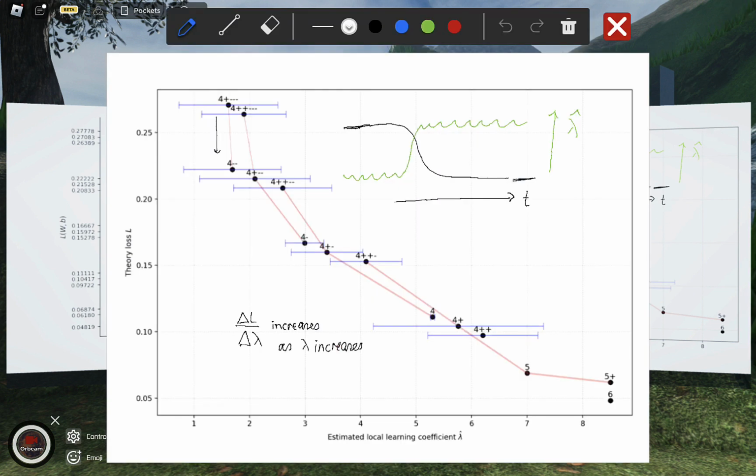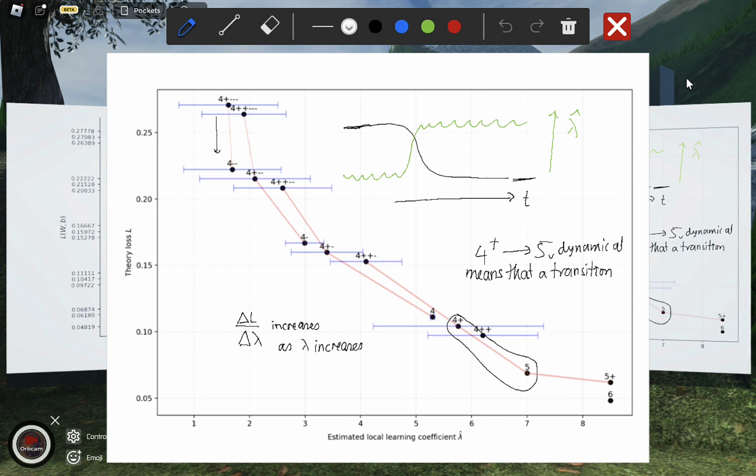I think I might have missed what the red lines are. Yeah, I should have explained better. So you see here, there's a red line from 4 plus to 5. That means that a dynamical transition was observed between these two critical points.